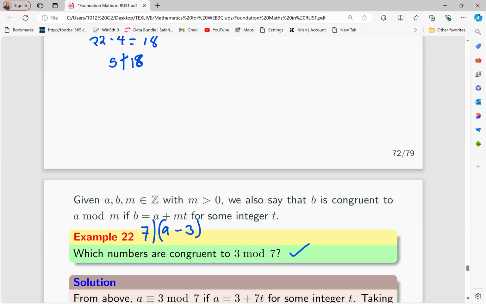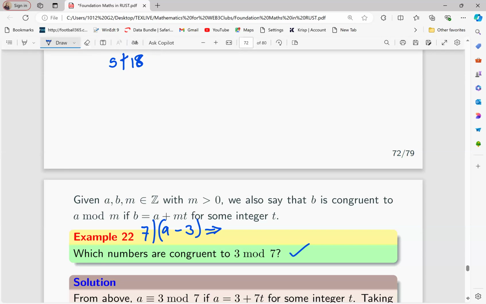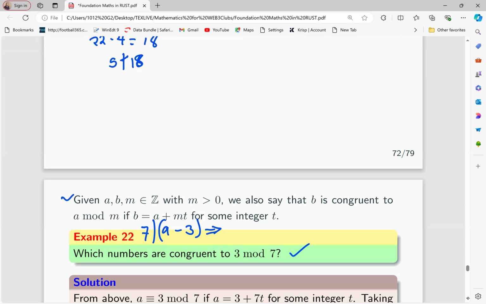To get those numbers, we have to understand what this means. Just before that, there's something to guide us here. They have said, given these 3 numbers, if m is greater than 0, we can also say that b is congruent to a mod m if b can be written in terms of a and m.